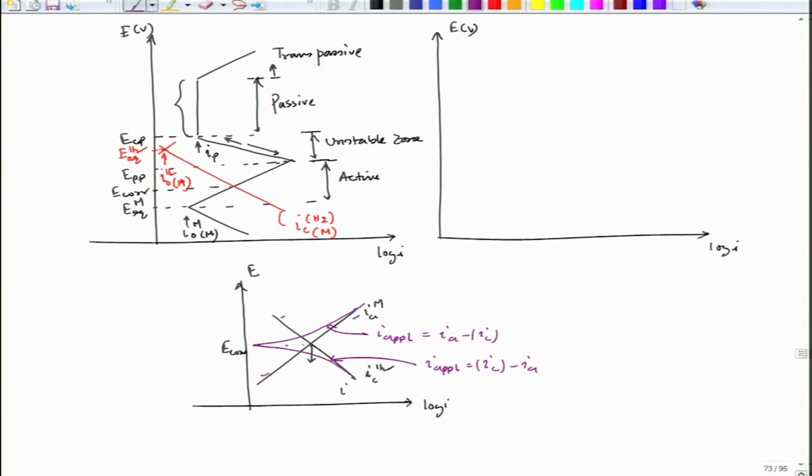We have to take the difference between these two currents, and if we take the difference, our graph pattern would look like this. So, this is the E corr value.